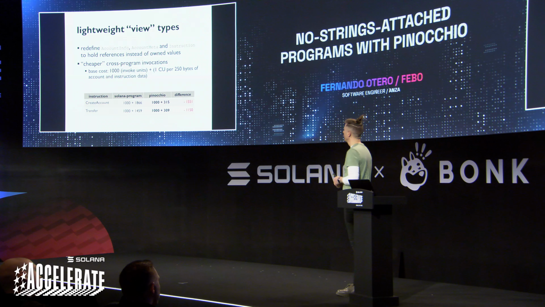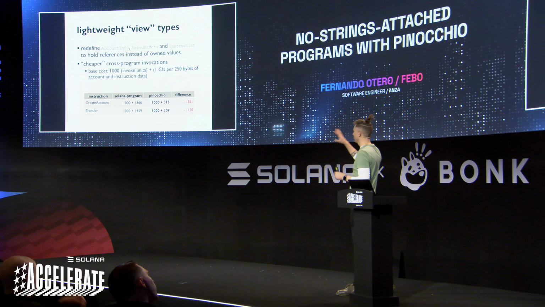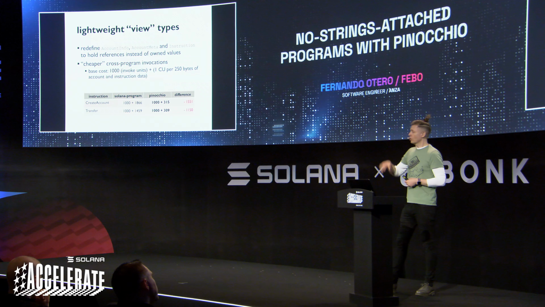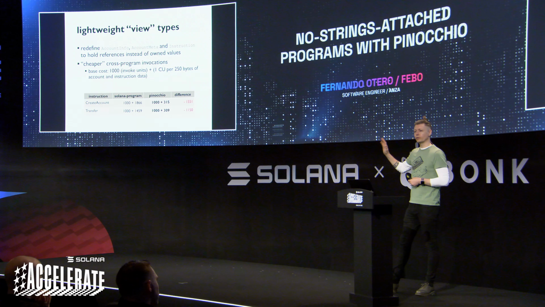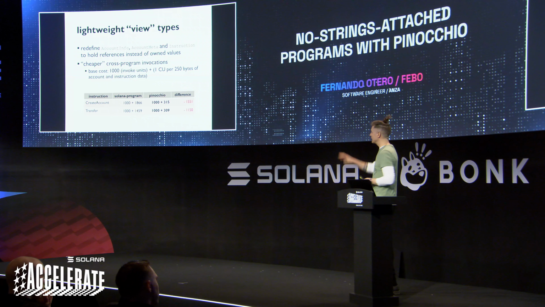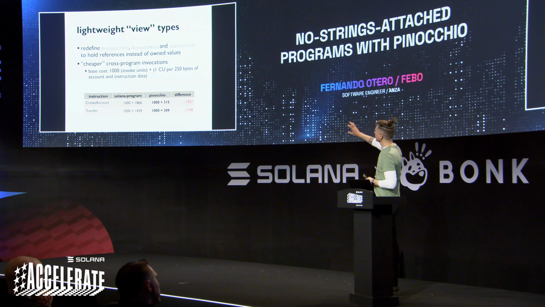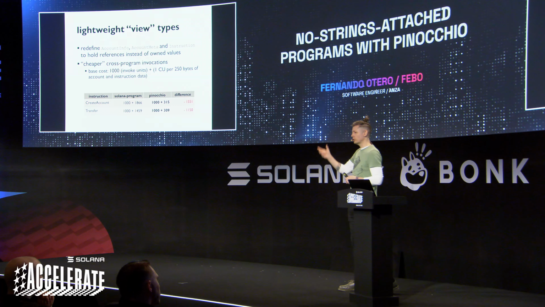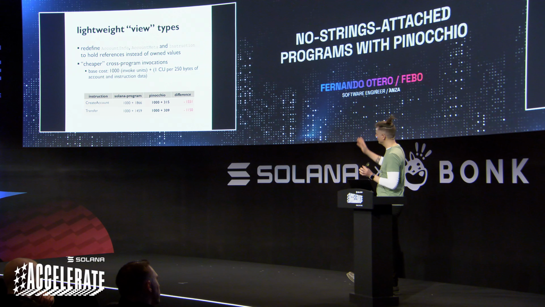But one particular part where these types really help in saving CUs and making your program more efficient is on CPIs, cross-program invocations. You can see here a little comparison. The base cost of a CPI is 1,000 invoke units, and it's a little bit more because there is a variable part that depends on how much instruction data and account size you have. But to simplify, I just separated the 1,000 invoke units, which is the fixed cost of a CPI.